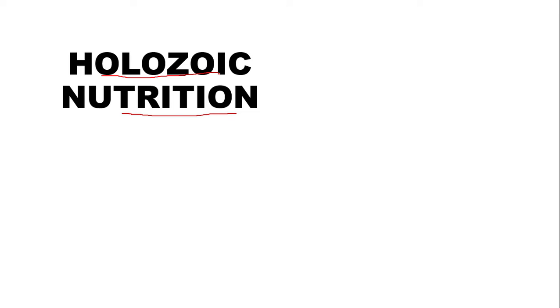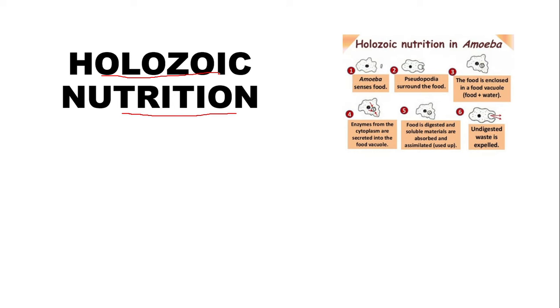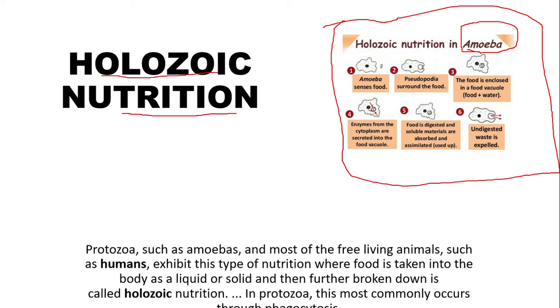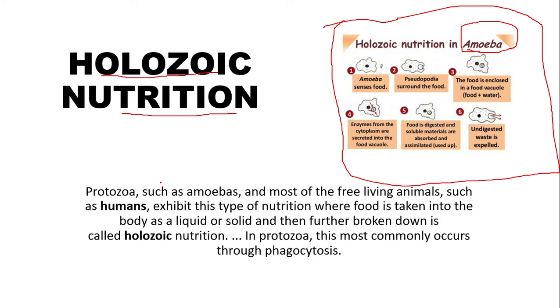Okay, so let's get into detail. This is an example of Holozoic nutrition in amoeba. By seeing this image, you can easily tell that amoeba is an example of Holozoic nutrition. Remember it well, it's very useful for you. Let's go into the definition of Holozoic nutrition.